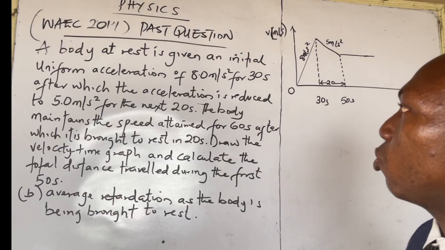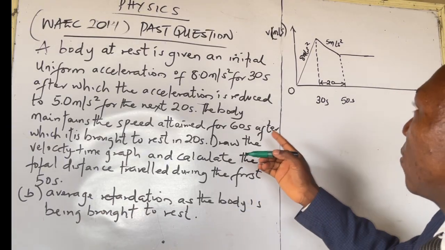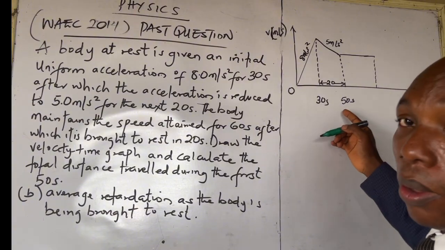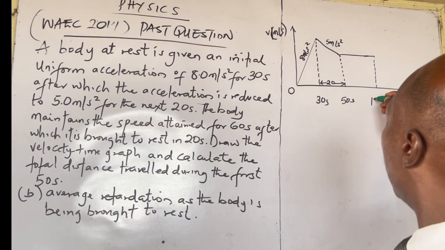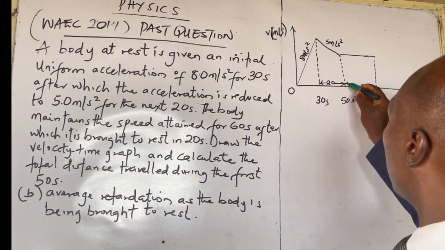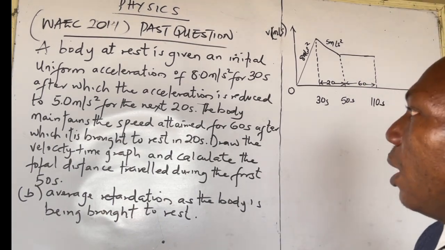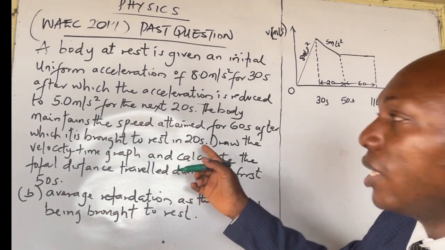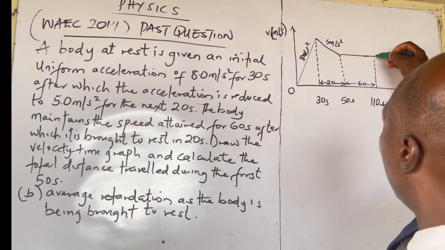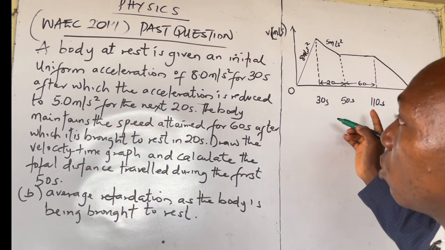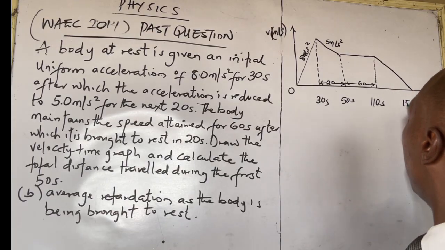It maintains the speed for 60 seconds. So from here, 60 plus 50, that's 110 seconds. So from here to here is 60. After which it is brought to rest in 20 seconds. So 20 plus 110, that's 130 seconds.